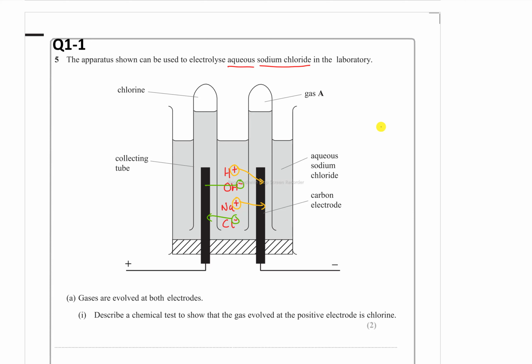Let me just put them on this side so you can see this. Once you can see this, it's not actually as bad as it looks, to be honest with you. So we'll put hydroxide ion and chloride ion on that side.